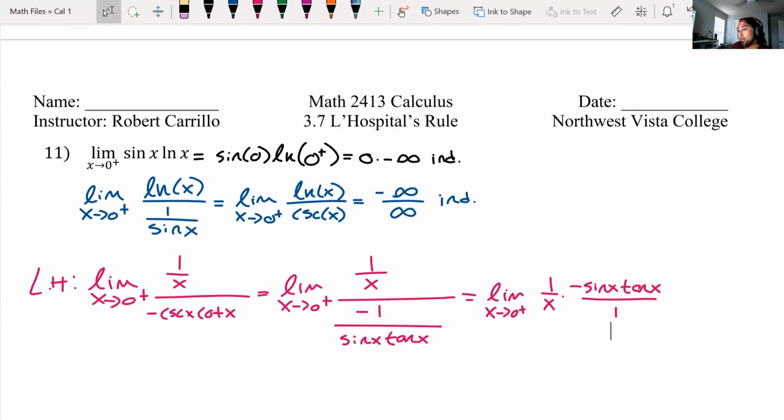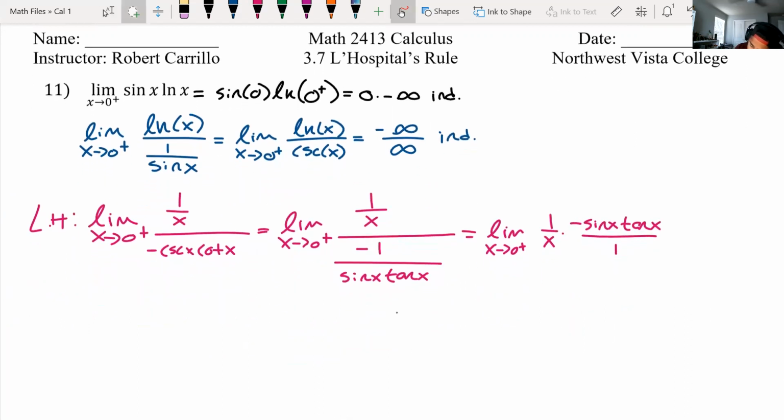Okay, almost there. Then this will become the limit as x approaches 0 of negative sine x tangent x over x. So as x approaches 0, we can do one of two things. It doesn't matter how we split it up.